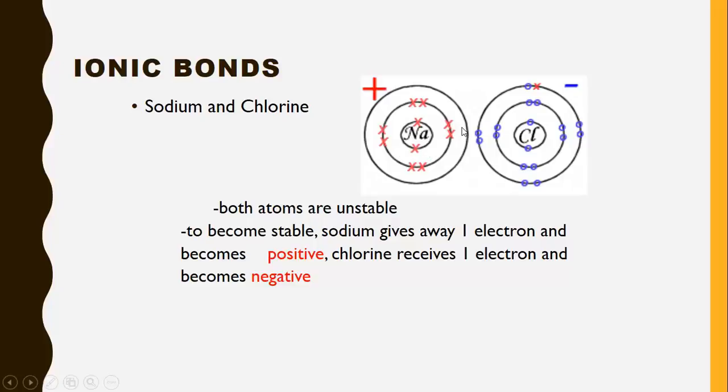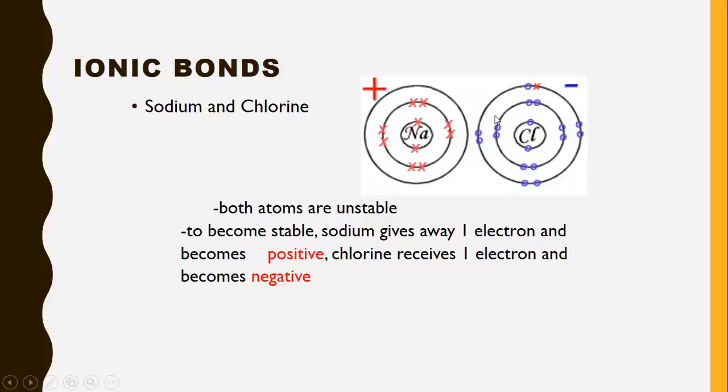This last electron, there's an electron over here, was pulled so much by this chlorine that it just took it and transferred it. It's easier because it takes less energy just to give that electron than for this sodium ion to take all 7 of these outer electrons. Again, the goal for electrons is to have the outermost shell filled. Now its new outer shell is filled, and here's the other outer shell, and it's now filled.